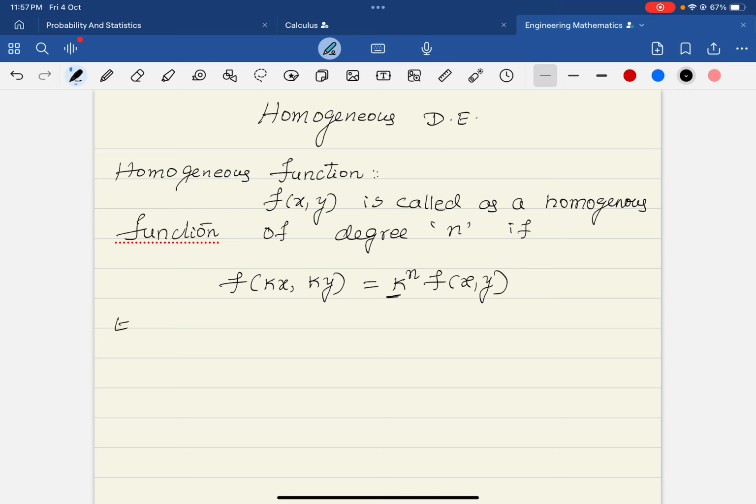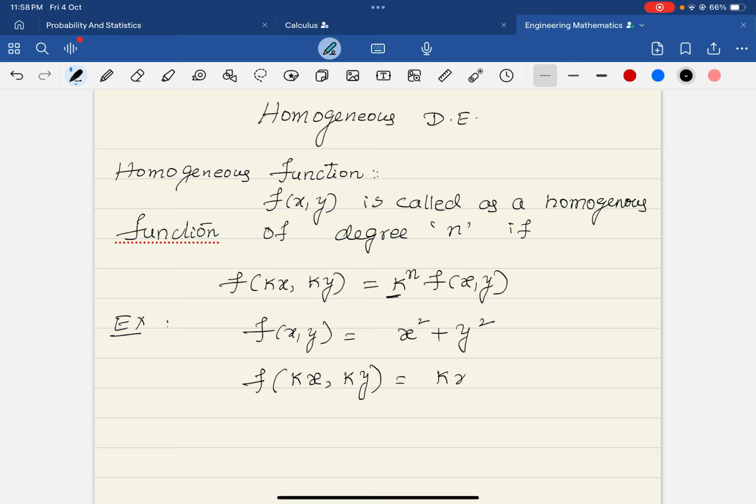Let us see some examples. Let us say the function f of x comma y is given by x square plus y square. In the place of x, let us replace kx, and in the place of y, replace ky.